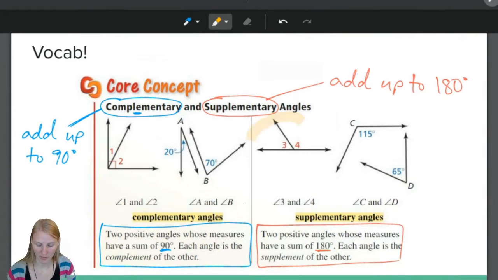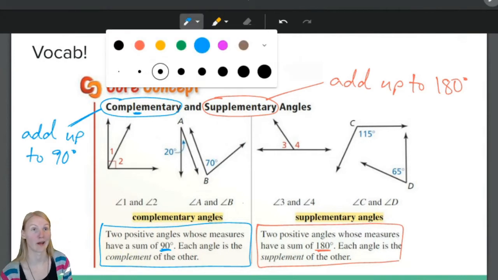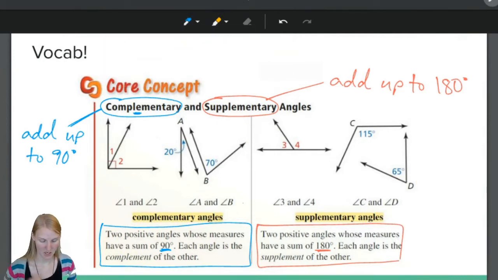Just like with supplementary, here you can see how they have this side in common, but these angles are still supplementary because 115 plus 65 is 180. So the angles do not have to be right next to each other. And I would write that down if I were you. Okay, so now that you know what complementary angles are, what supplementary angles are.